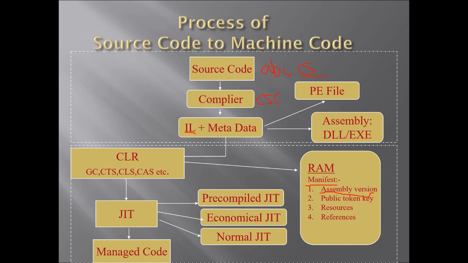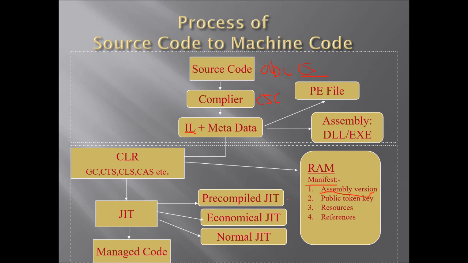The third one is resources. As we know, different applications have different kinds of requirements. For instance, if we develop a console based application, I mean a command based application where we display messages on the command prompt, then what tools do we need from the operating system?